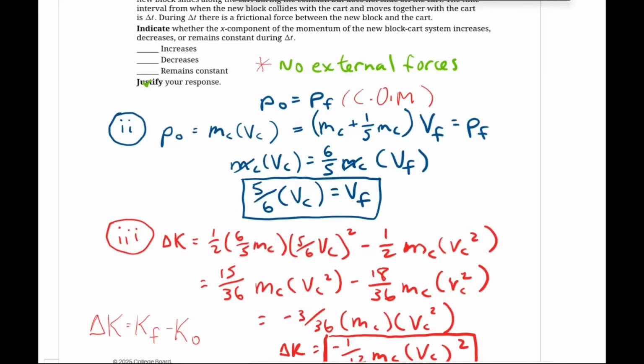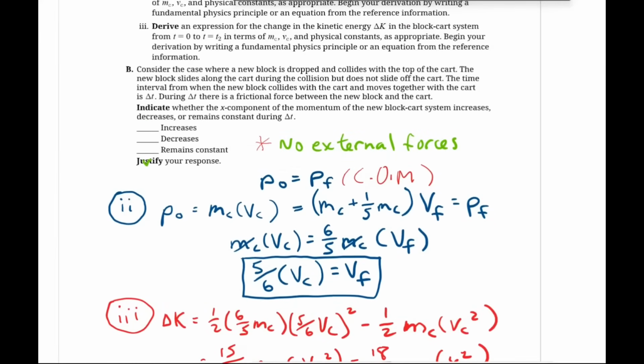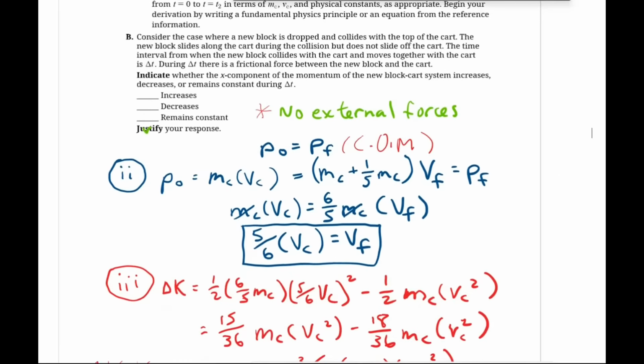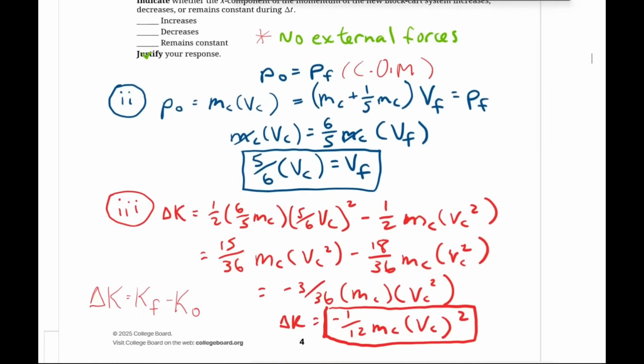For part 3, it's asking you to find the delta K. So it just says derive an expression to find the change in kinetic energy of the block cart system. And then it says begin your derivation by writing a fundamental physics principle or an equation from the reference information.